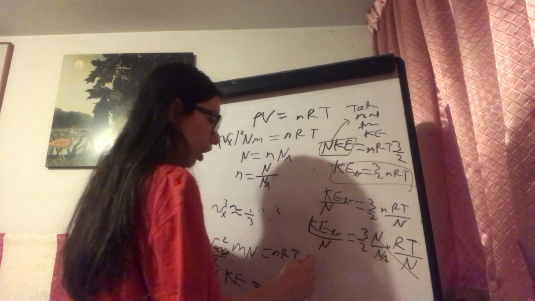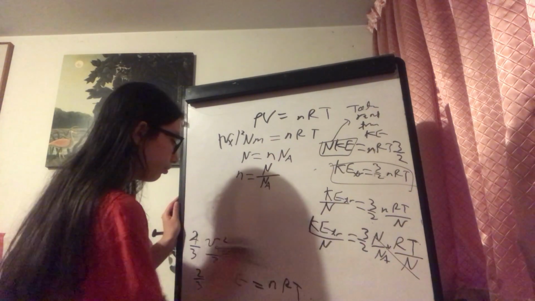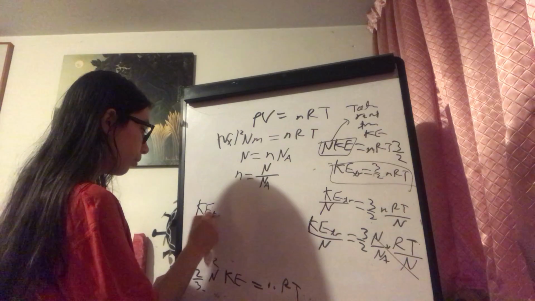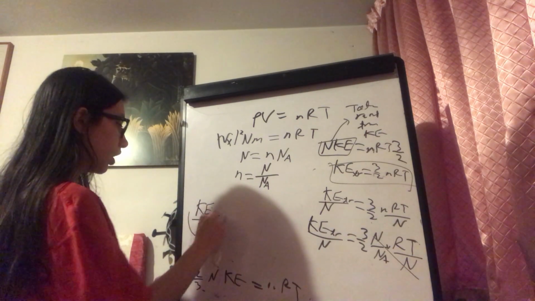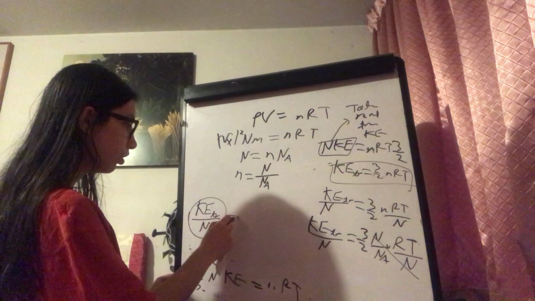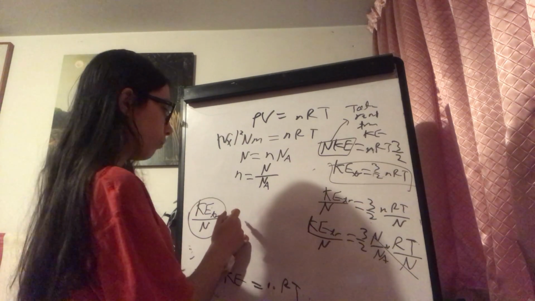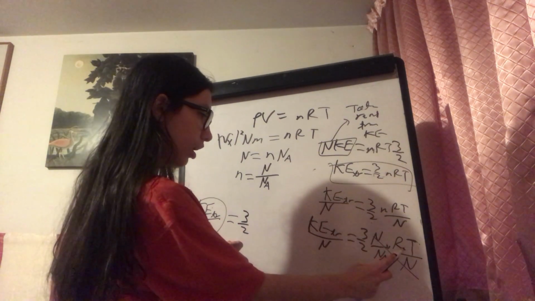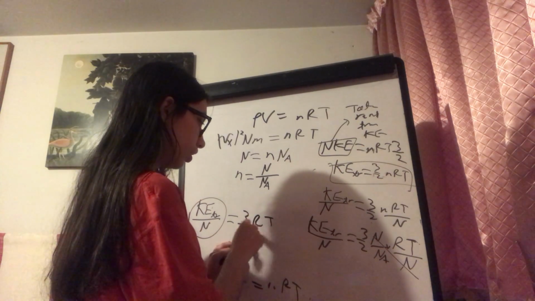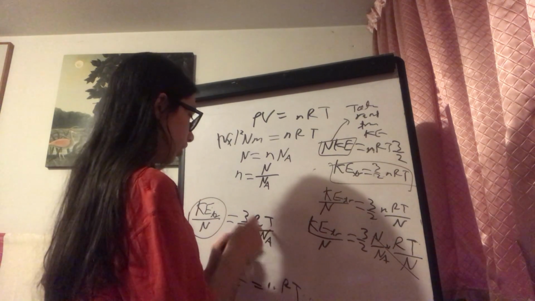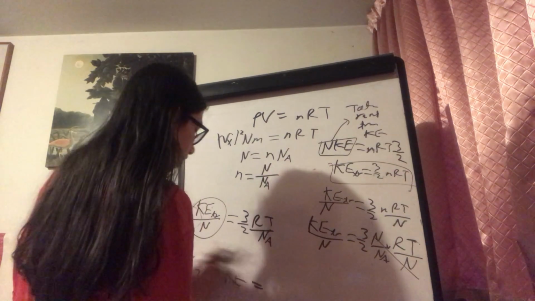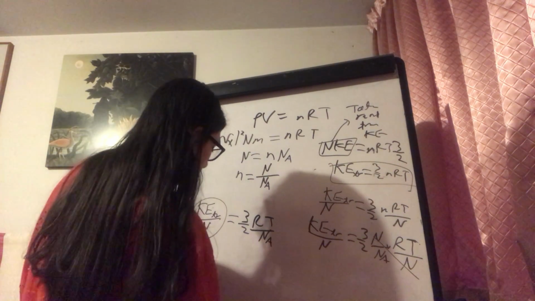We kill this and we have that the translational kinetic energy of one molecule is equal to 3/2 of RT over Avogadro's number, and the universal gas constant over Avogadro's number is the Boltzmann constant.